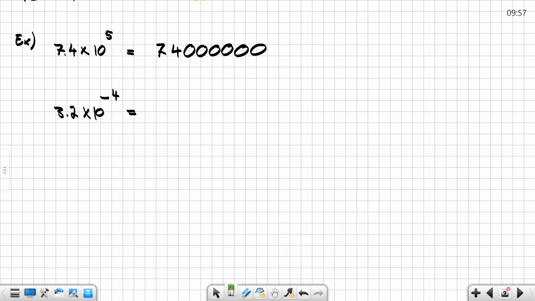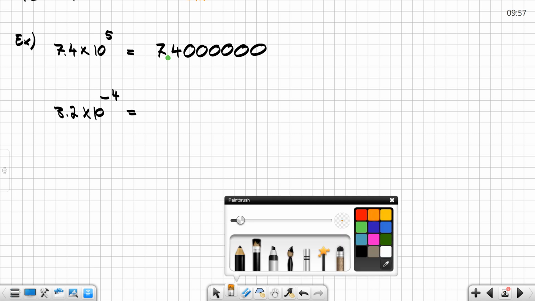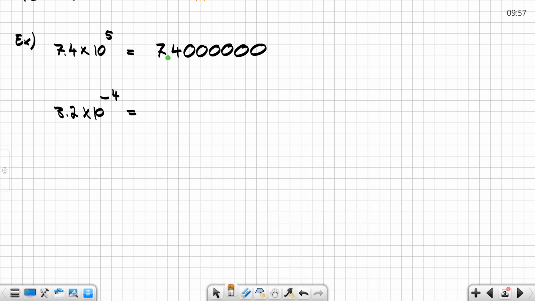And I know that my decimal used to be right here. But now my decimal has to move to the right exactly 5 times. So first it moves right here. 1, 2, 3, 4, 5. So my decimal will move to this spot right here.